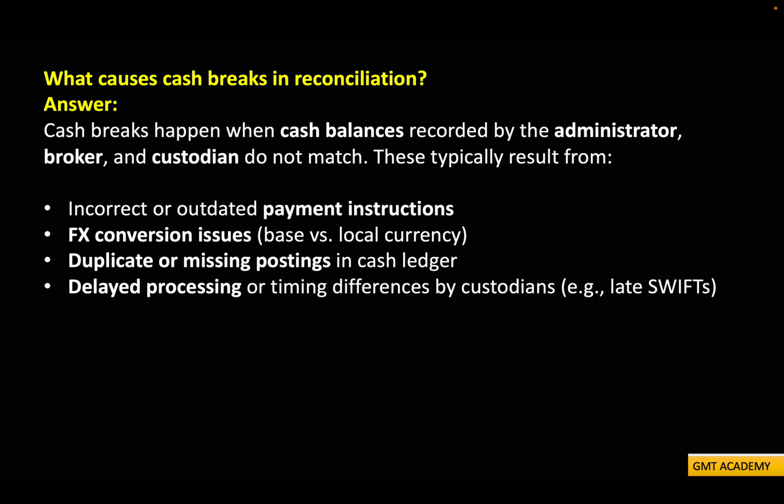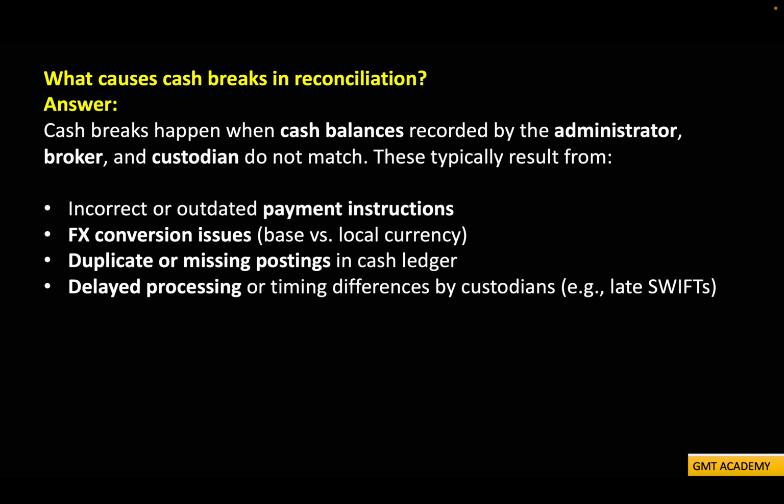This typically results from incorrect or outdated payment instructions, what we call a wire issue. Whatever wire, like fees they have paid, or a subscription or redemption has happened, or some fees will be paid. For some reason the wire has come but is not settled yet, so due to that the cash break gets impacted.